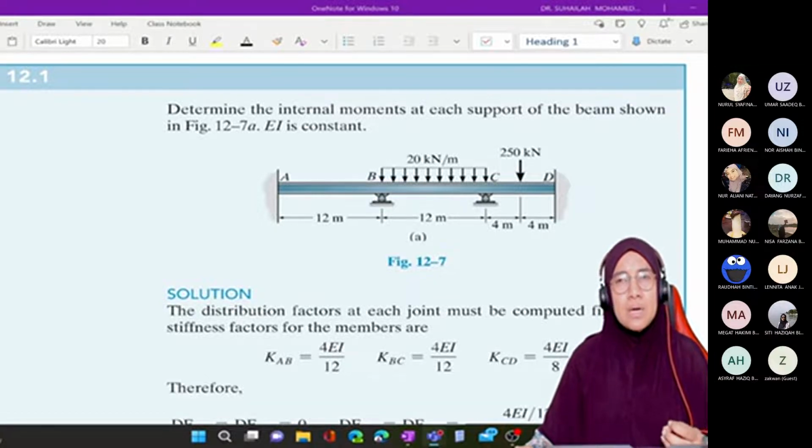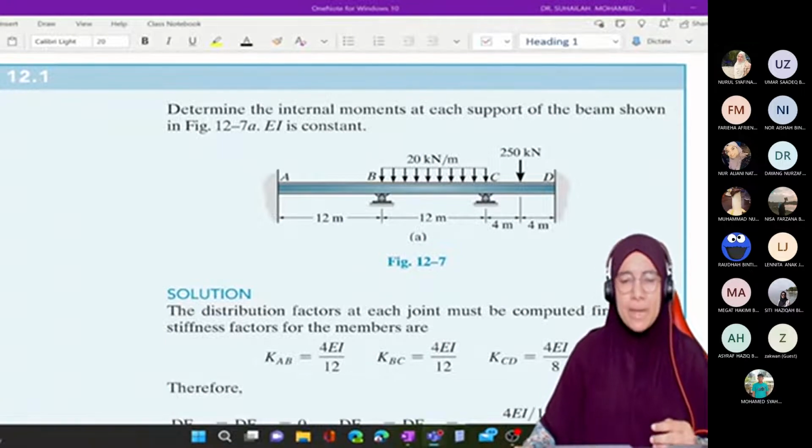But if we want the salient point, for example the maximum moment, of course we have to have the shear force diagram. So we analyze the vertical reaction at the support and draw the shear force diagram, then only can we get the maximum moment in the bending moment diagram.